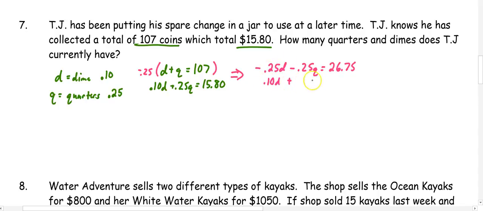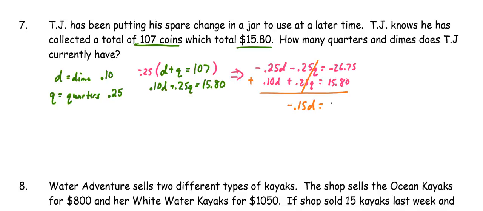So 0.10D plus 0.25Q equals 15.80. Remember that first one, the 26.75 should be negative, because we multiplied by a negative number. So I'm going to add straight down. My Q's cancel out. I'm left with negative 0.15D equals negative 10.95. So when I divide by negative 0.15, I get D is 73.